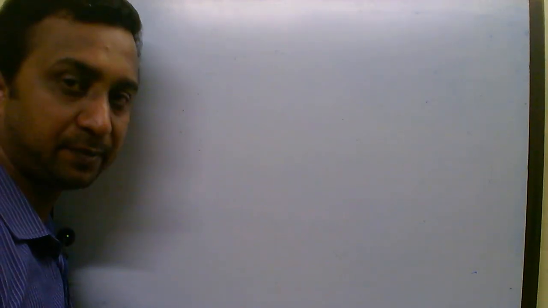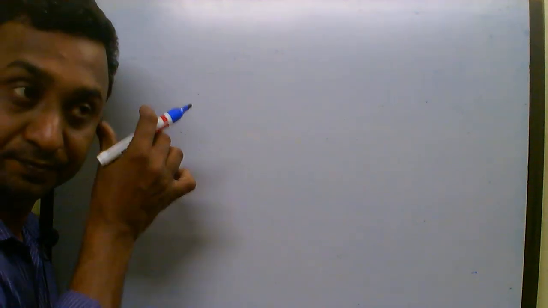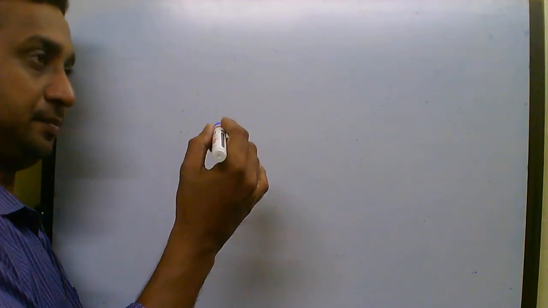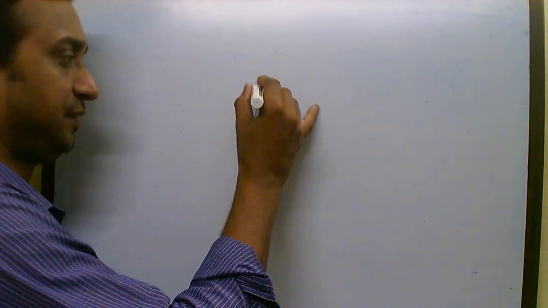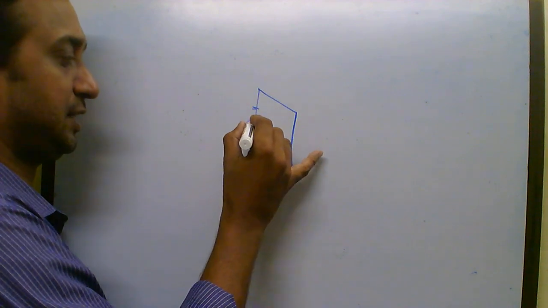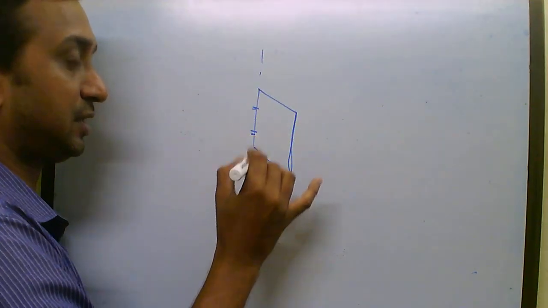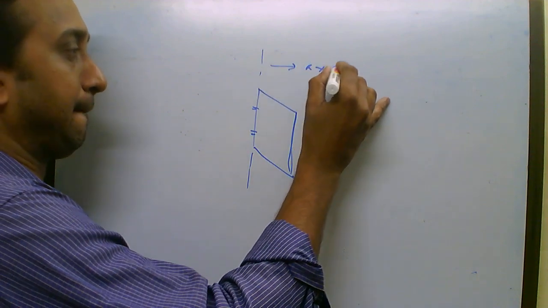So let us discuss the difference between moment of force, torque, and couple. Assume a body which is hinged, consider a door which is hinged, meaning it can rotate only about this axis. So this is what they mean by the axis of rotation.